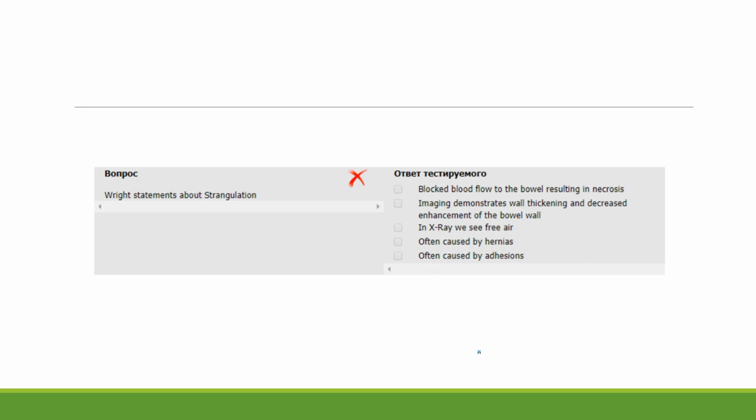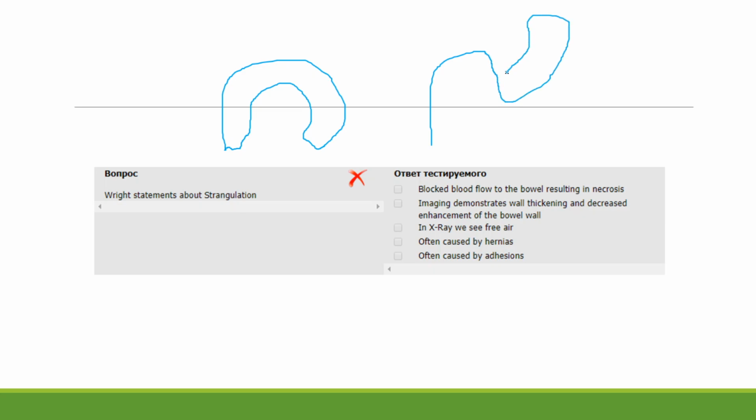And next question. Write statements about strangulation. When we talk about strangulation, you need to know that it is when our bowel is damaged by something.